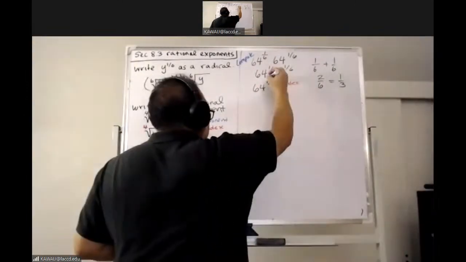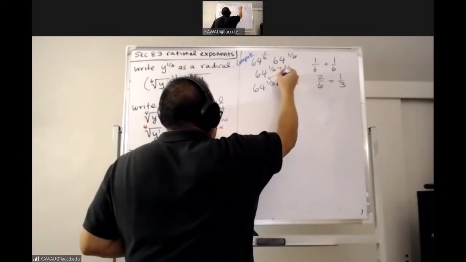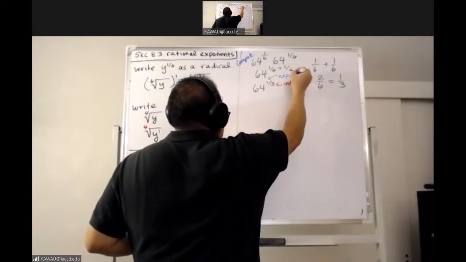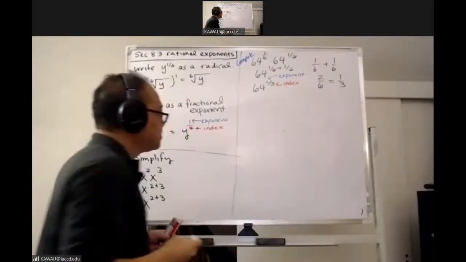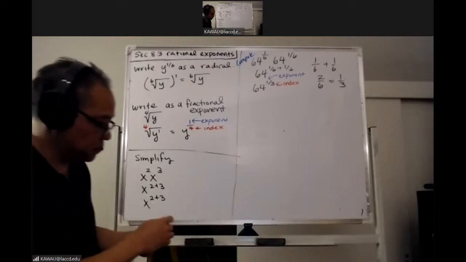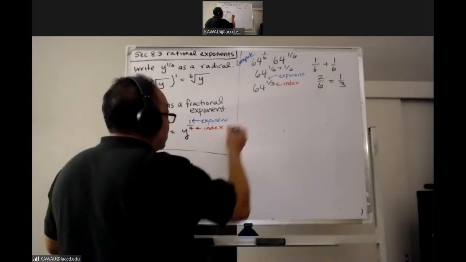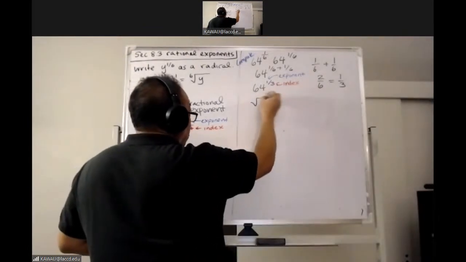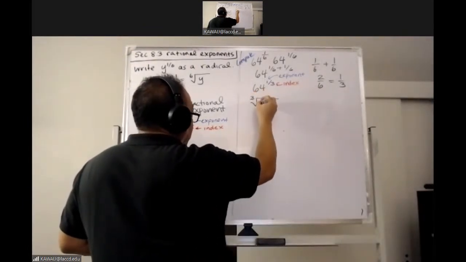Remember, this is your exponent. So you get cube root of 64.